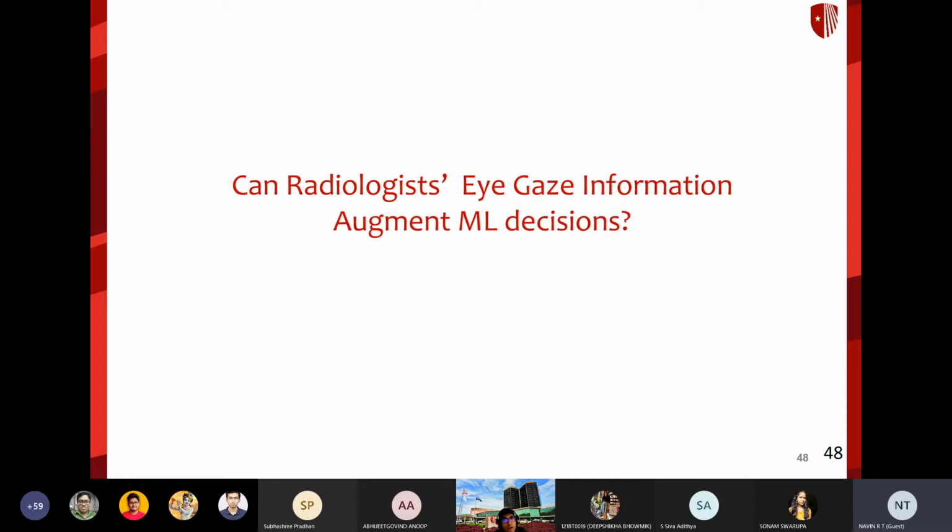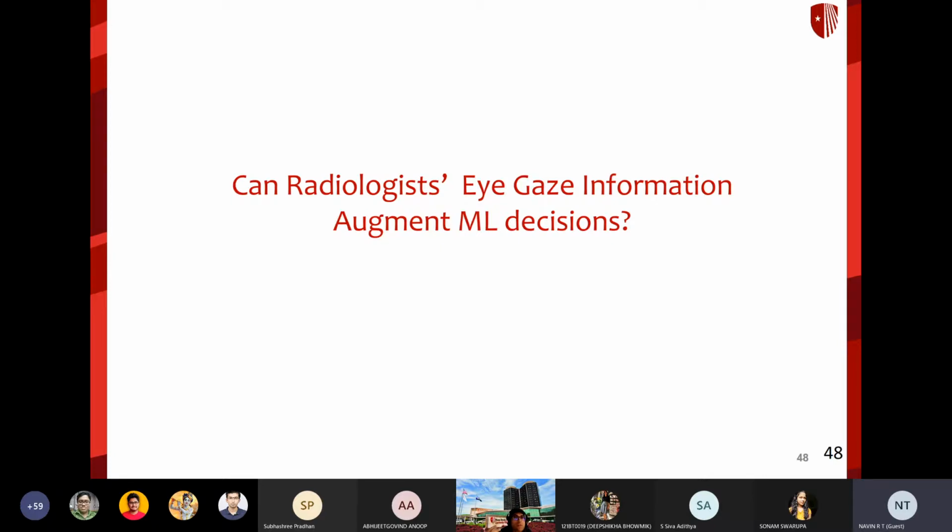Okay, so the final application that I'd like to discuss here is, again, how do we augment a radiologist's decision making by looking at their eye gaze information? There's a certain characteristic pattern in which radiologists look at these images, be it MRI scans, CT scans, or chest radiographs. There's a certain way in which they are trained to look at these images.